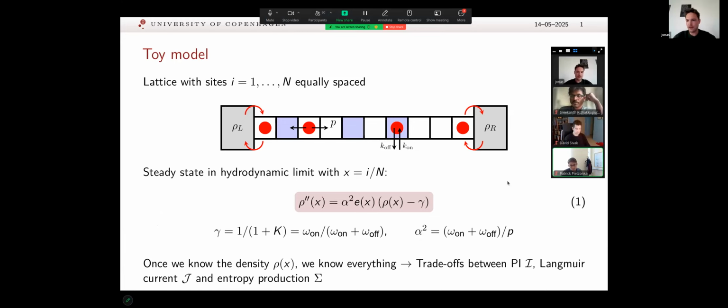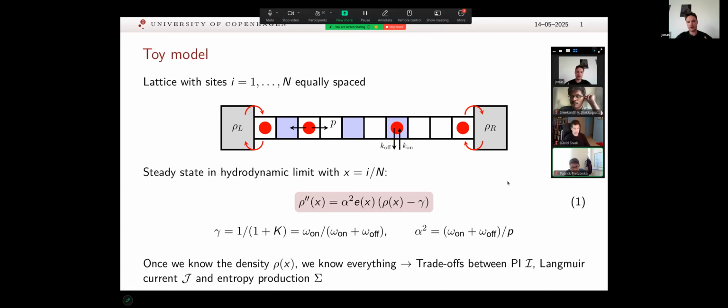So in this limit, in the steady state, we can actually find that the dynamics of the system is described by a second-order differential equation, which depends on 2 parameters, an alpha squared and a gamma. And this alpha squared is simply the ratio of the 2 timescales in the system, so reaction versus diffusion, while this gamma measures basically the direction of reaction, or the direction of this Langmuir kinetics in the bulk.